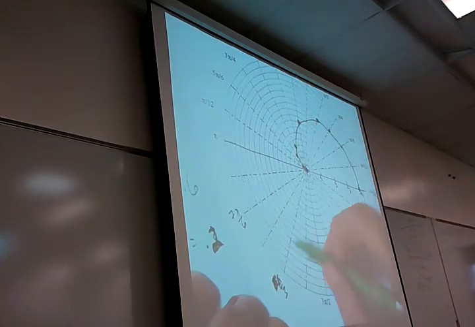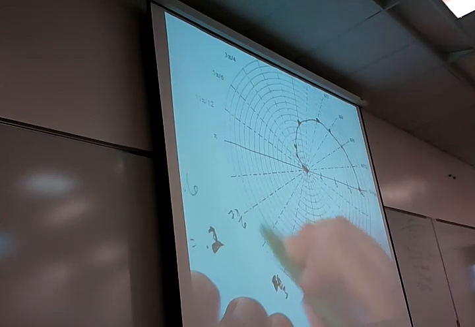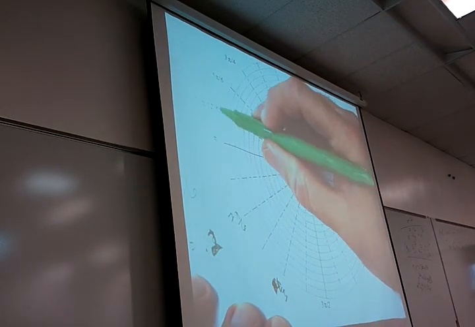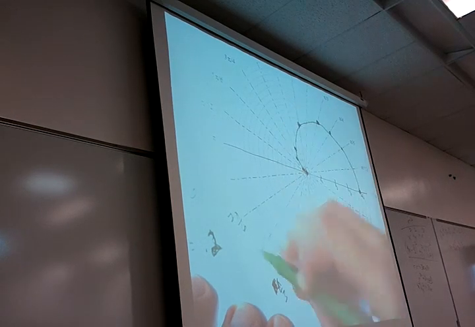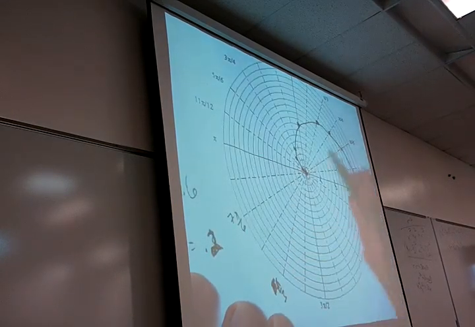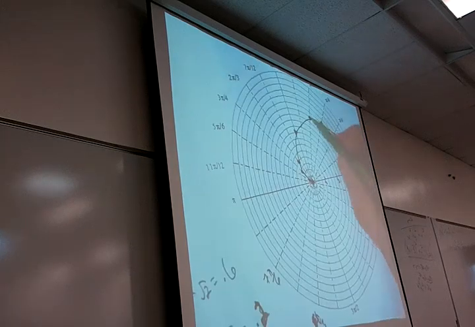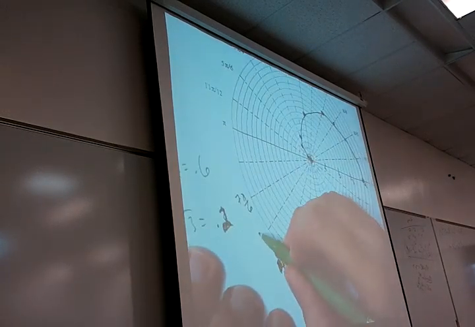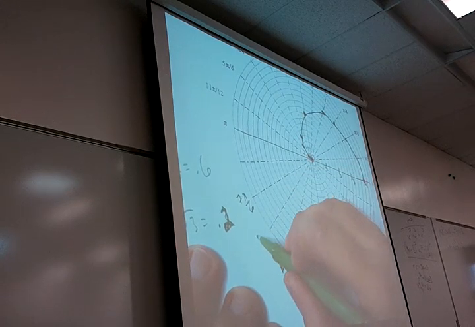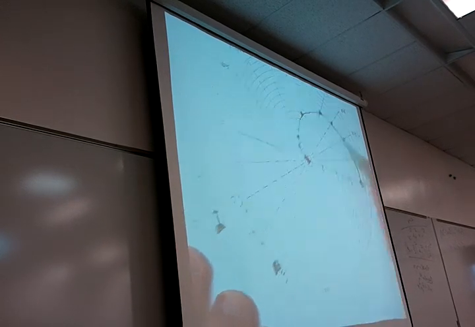Alright. And of course, here's pi over 4. 11, 12, 13, 14, 15, 16. This is going to be 5 pi over 4, yeah.